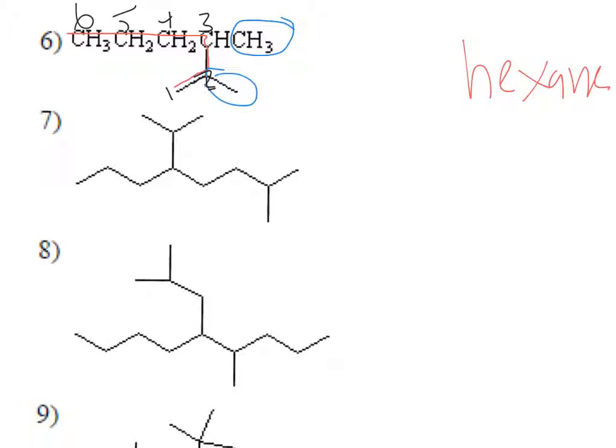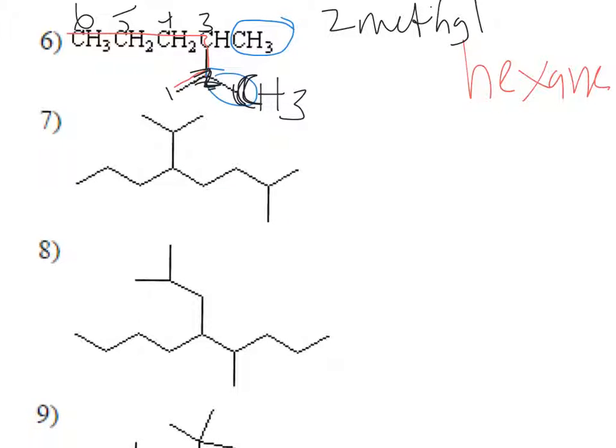I want to make this more obvious that this is carbon 2, okay? Carbon 2. So if we start at number 1, carbon 1 has nothing else on it. Carbon 2 has this methyl group here. Since it's just a carbon off by itself, just a line off by itself, that actually stands for CH3, like we saw in the last problem. So it is a hexane molecule, but it also has 2-methyl.